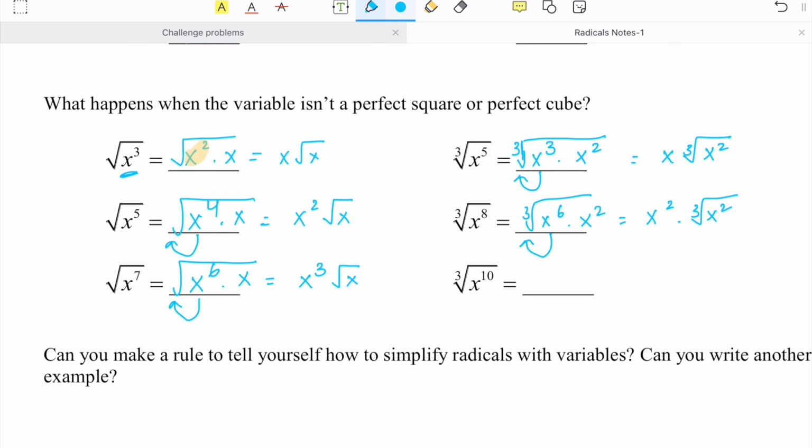What will the answer to the last one be? Good.